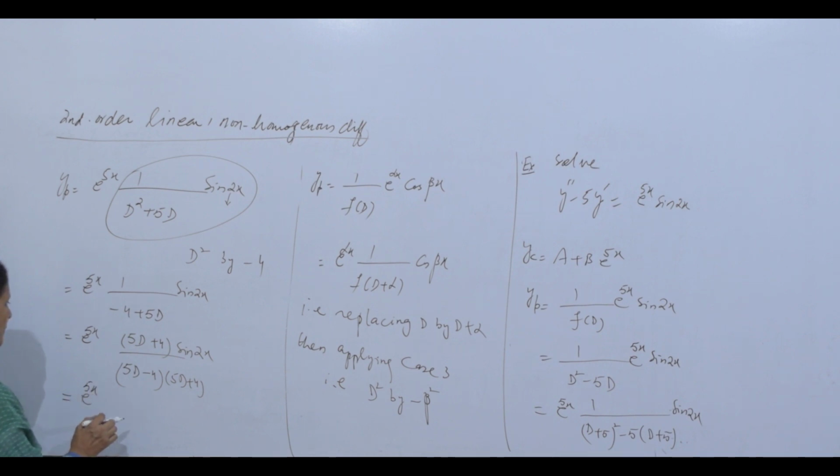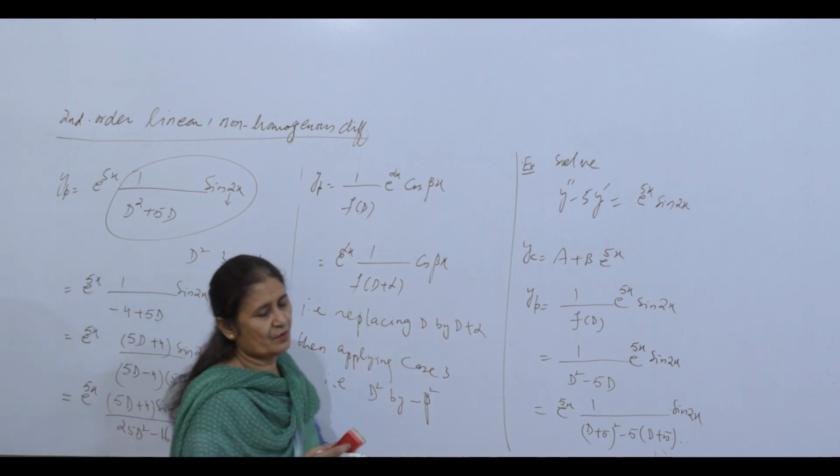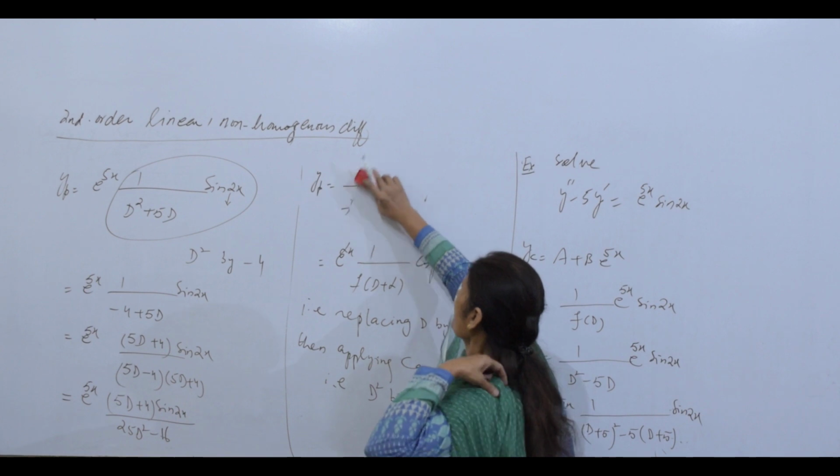e^5x is there. 5D plus 4, you are rationalizing, sin 2x divided by 25D squared minus 16, a plus b, a minus b. Now D squared, you are getting D squared again, so replacing D squared by minus 4.